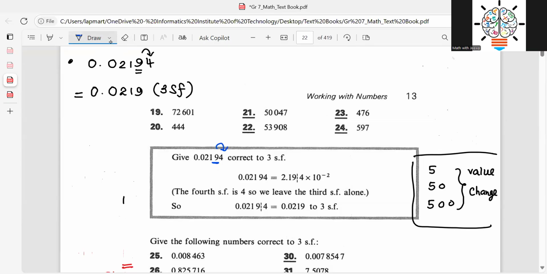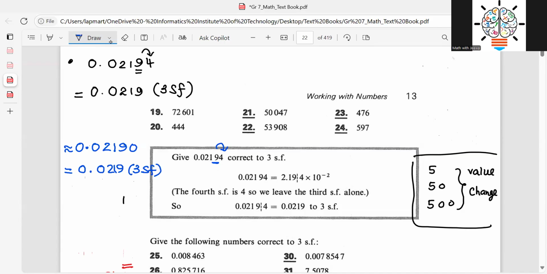So then I don't want to do anything. I just write 0.0219. The rest should be 0. But then this is approximately equal to 0.0219. Inside the bracket, I write 3SF.